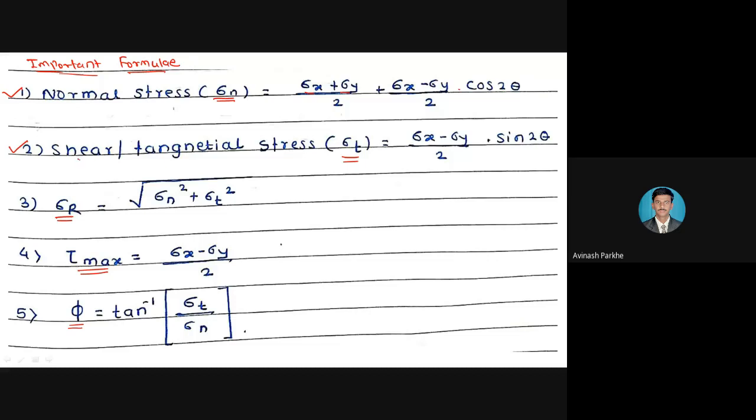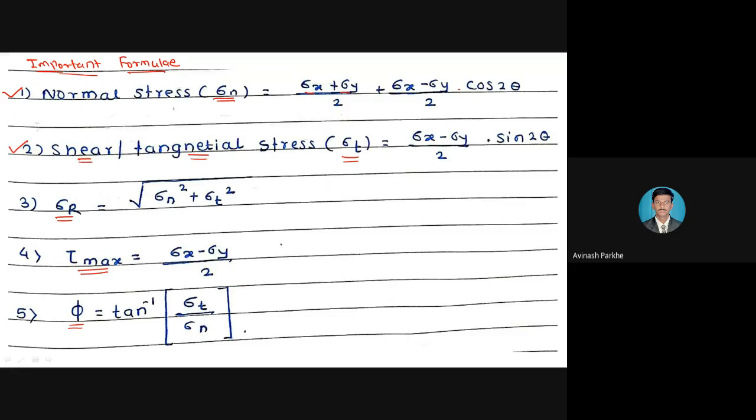Then the shear stress, or tangential stress, indicated by sigma t, the formula is sigma x minus sigma y divided by 2 into sine 2 theta. Again here we have to use the same sign conventions for theta, whether that theta is made with the vertical plane or not. If it is made with the vertical plane, you can take it as it is.